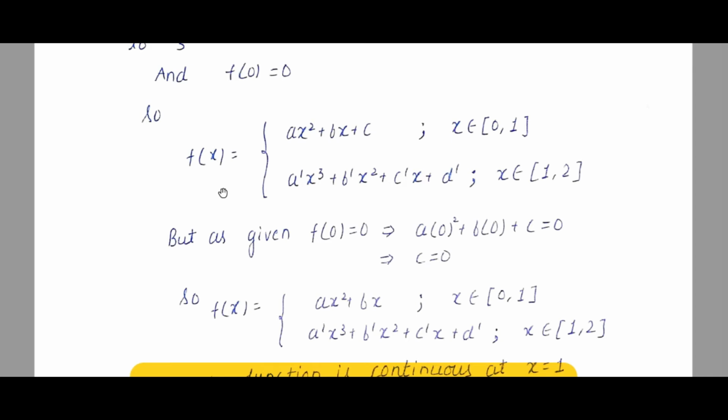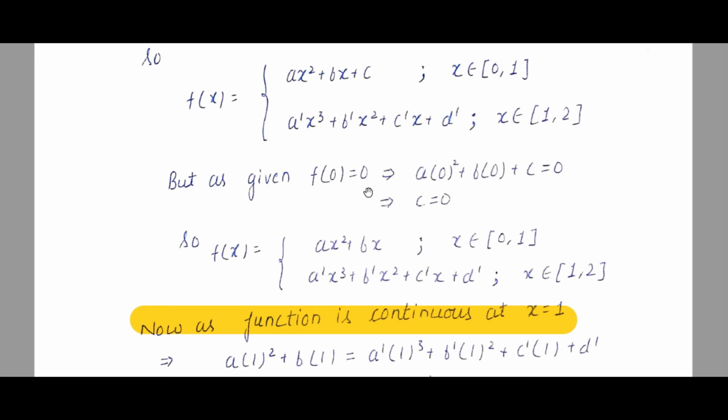So our function will be of this type: f(x) = ax² + bx + c when x belongs to [0, 1], since it is a polynomial of degree at most 2 there. And when x belongs to [1, 2], the function is a polynomial of degree at most 3, so we have a'x³ + b'x² + c'x + d', where a, b, c, a', b', c' and d' are arbitrary constants.